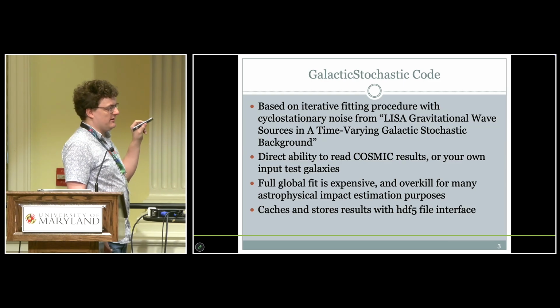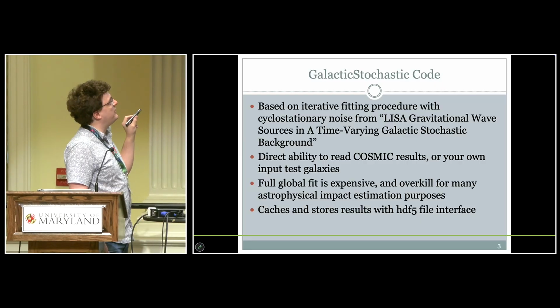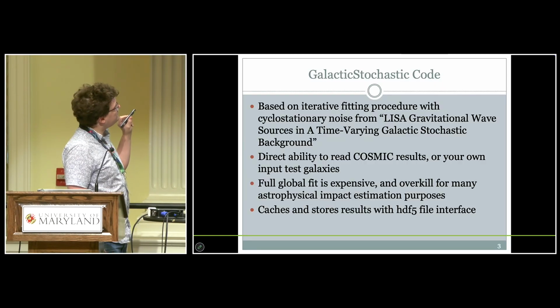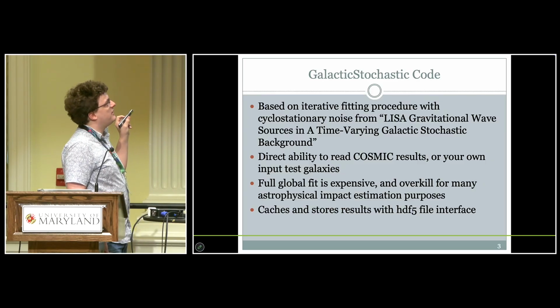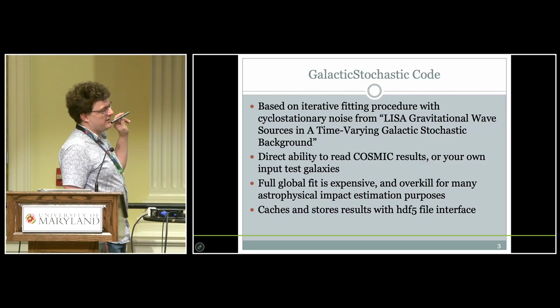with the provenance of all the configuration parameters known, so that the results are reproducible across runners and not variable. And it has a direct interface with the COSMIC population synthesis code, which I believe is popular, so you can take your COSMIC galaxy and plug it directly in.